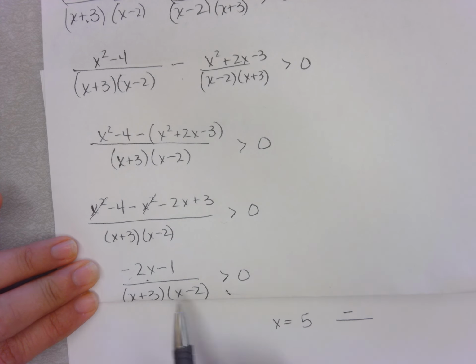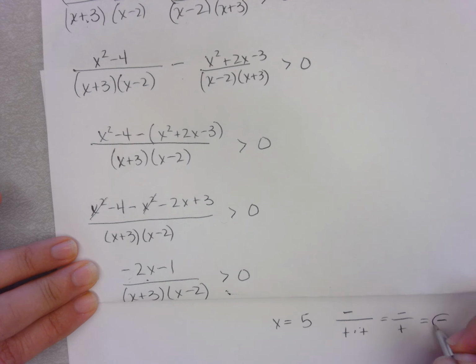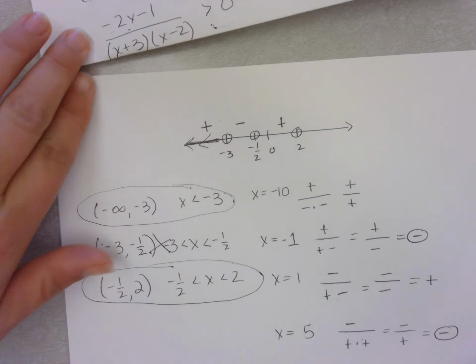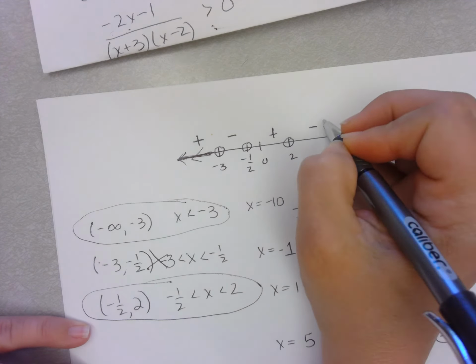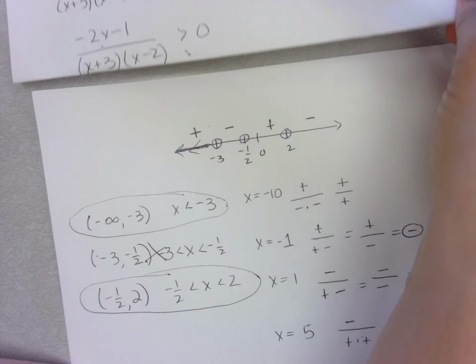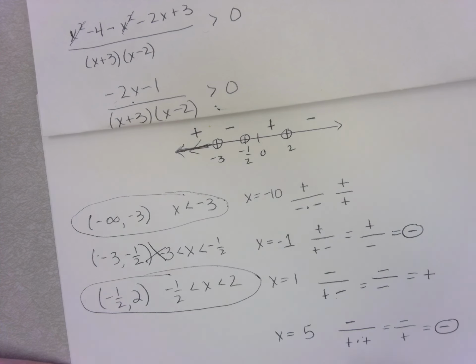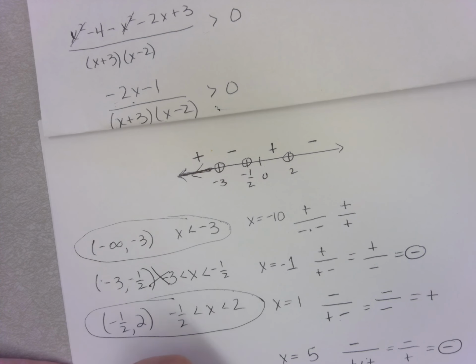And then 5 down here, this will be positive, and this will be positive. So positive times a positive is positive, so I have a negative divided by positive, which gives me negative overall. Which means I'm going to put my minus sign up here, and since I was looking for greater than 0, that was my original sign, this is also not part of my solution, and that would have been written in interval notation like this, or x is greater than 2.